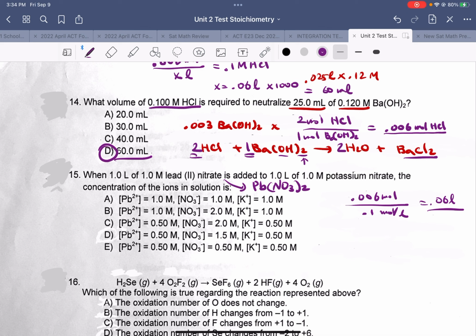So that's Pb2+, lead, and then nitrate, and potassium nitrate, which is KNO3. Okay, so that one. So what is the concentration of each ion?